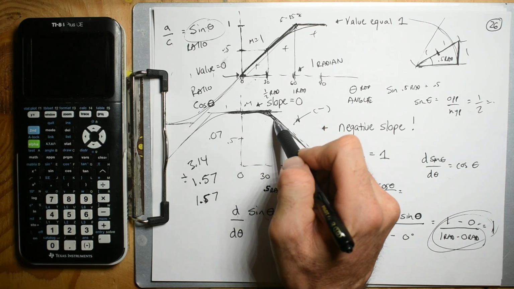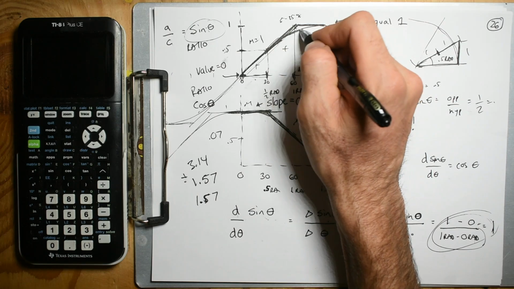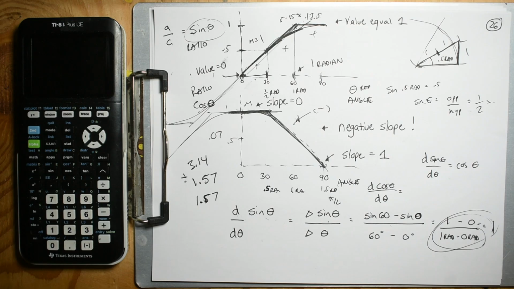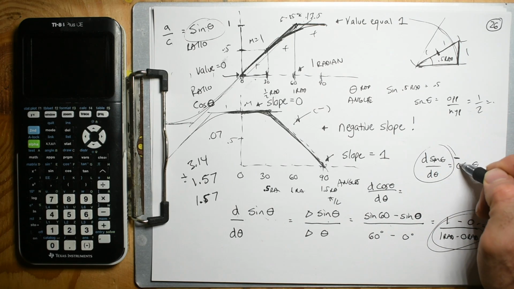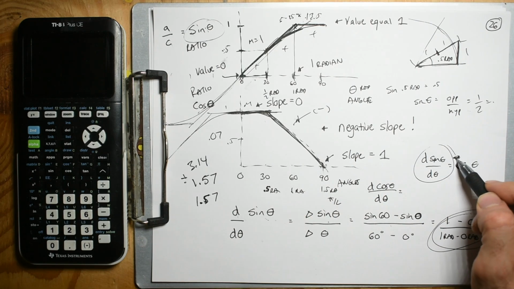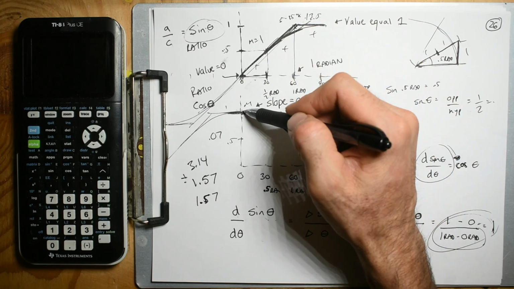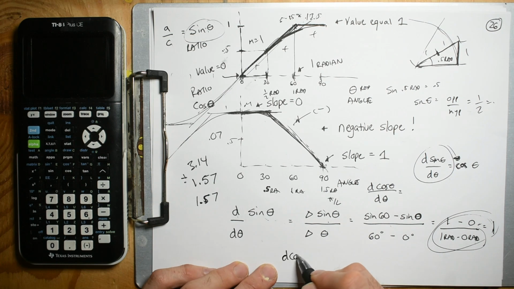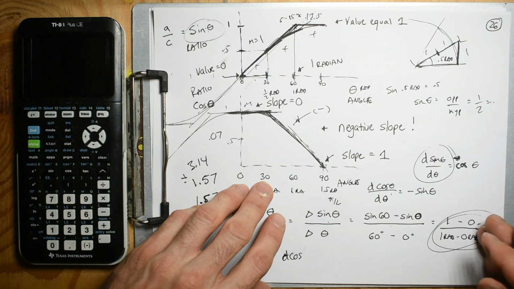Now you do drop off, and you get into a 5% error, and I think it's only like 13.5% right there at the max. Cool. But anyway, the derivative of sine is cosine, because the derivative of sine has a positive slope, positive equation. The derivative of cosine is negative sine theta. All right, finish that one up.